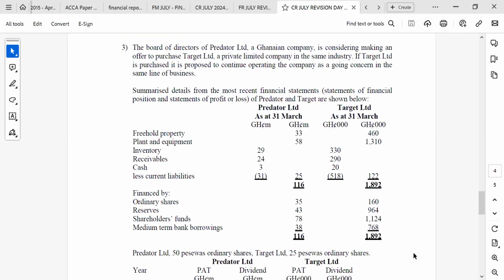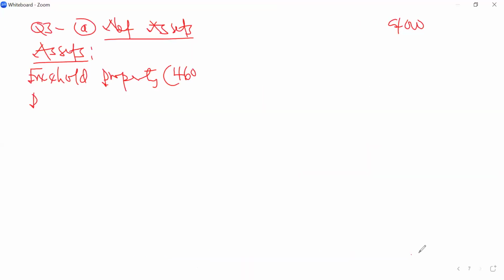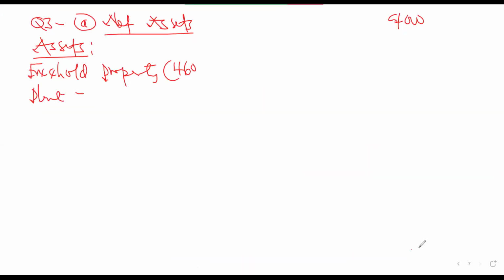Plant and equipment is what? 1,310. Okay. Plant and equipment is 1,010. Okay.